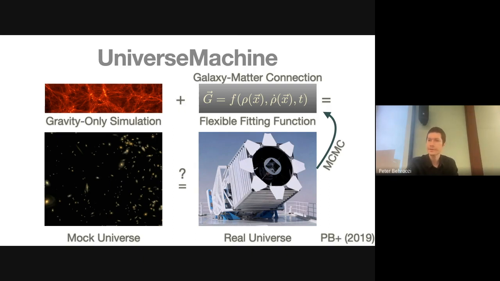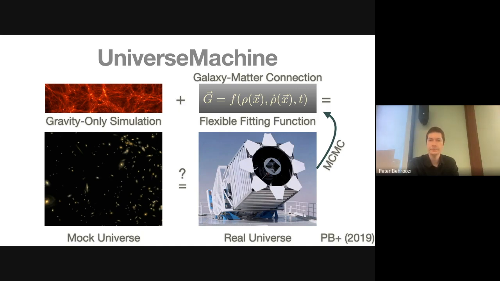And we don't know what this function looks like. So what we do is we put in a flexible fitting function. If you think about a neural network as a flexible fitting function or a bunch of splines, we don't know necessarily what the physics is that sets this, but we want to understand what the universe is telling us about the galaxy matter connection.